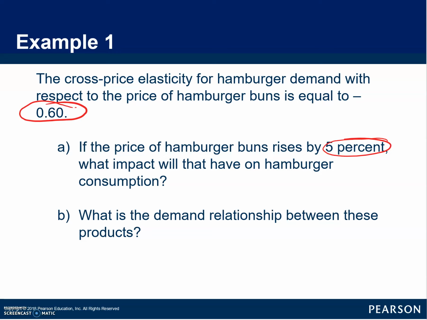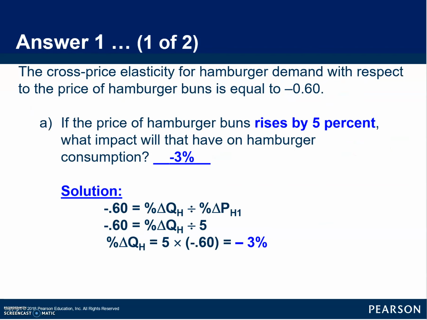But for the most part, as we look at this and ask what the demand relationship between them is, we know that if this rises by 5%, the impact on hamburger consumption is going to be a decrease of 3%. Why? Because we have this relationship here. The 0.60 is going to be that relationship. That's equal to the percent change in quantity of hamburgers as it relates to the percent change in price of the hamburger buns.